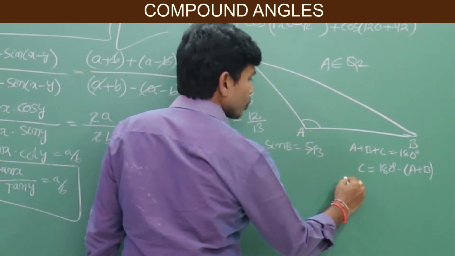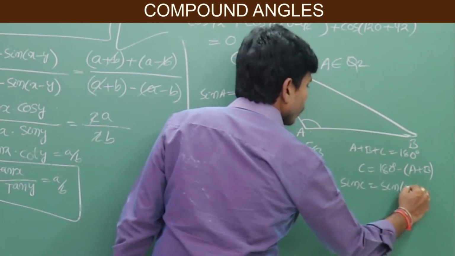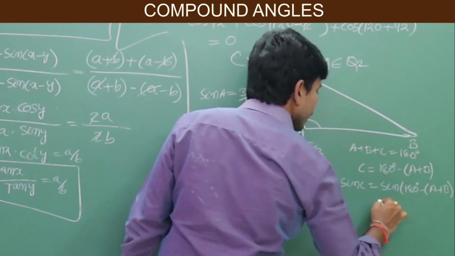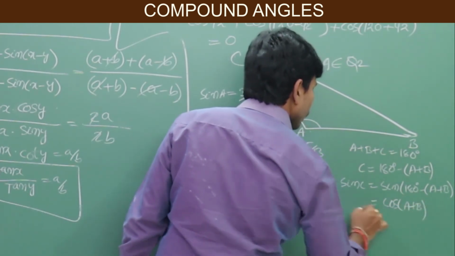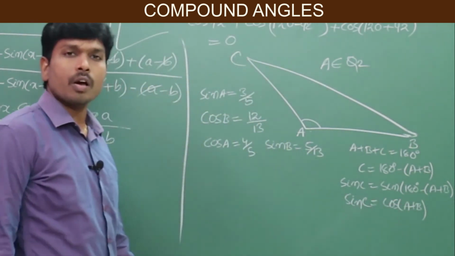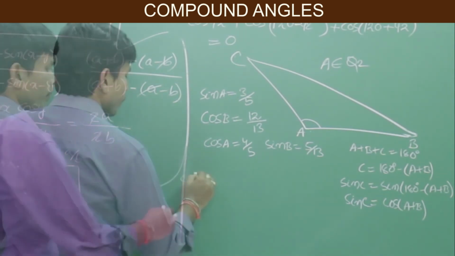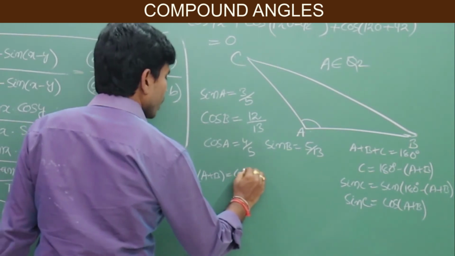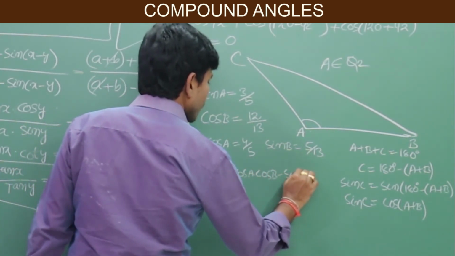Apply sin on both sides. sin C = sin(180° − (A+B)). Then sin(180° − θ) gives sin θ, so sin C = sin(A+B). If you find sin(A+B), then the problem is over. What is the formula? sin A cos B plus cos A sin B.